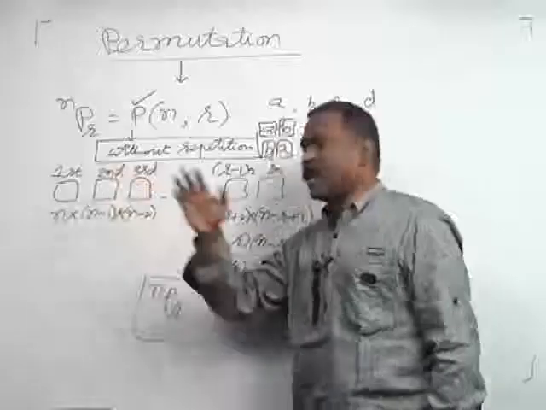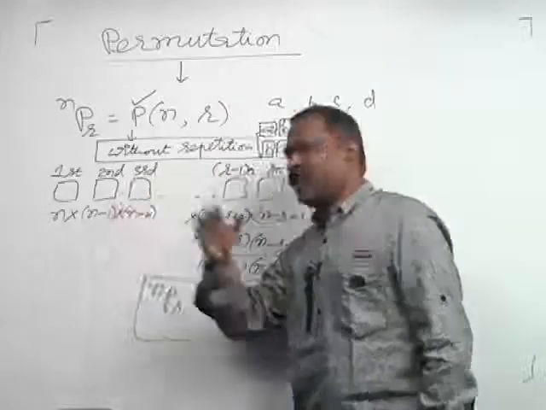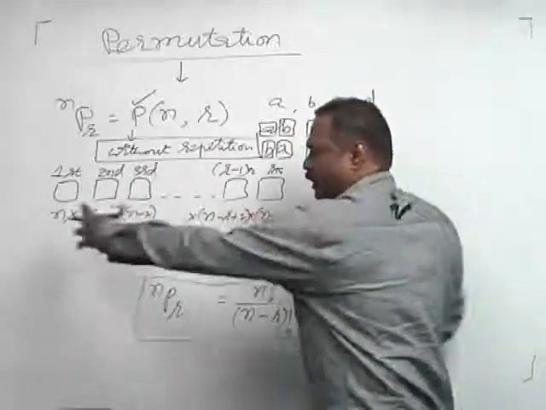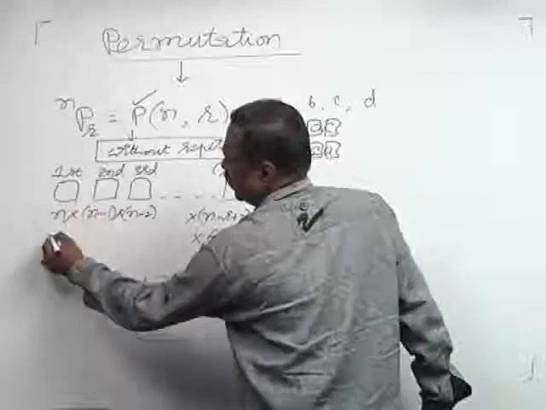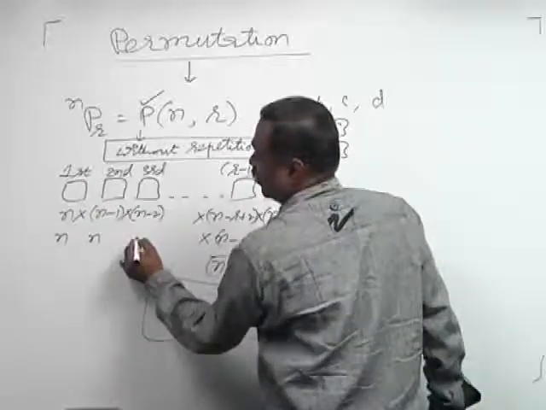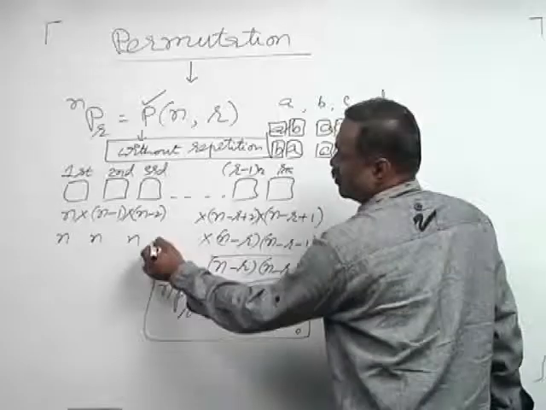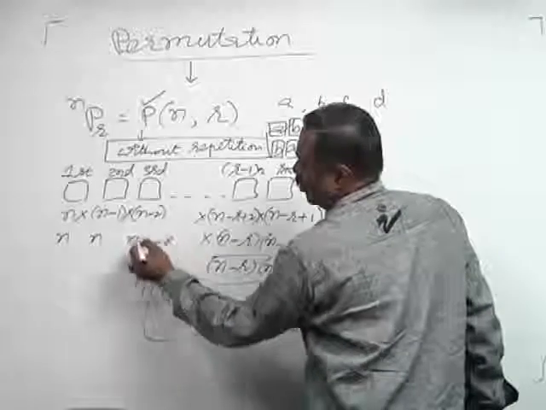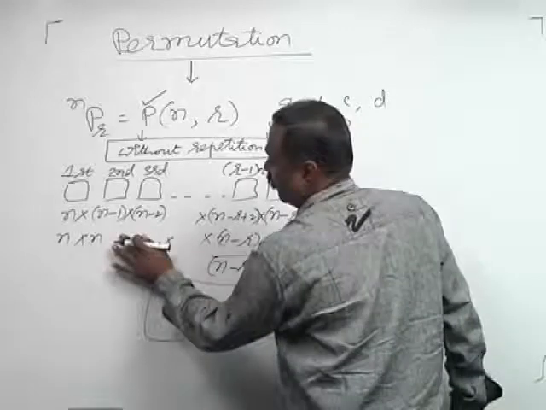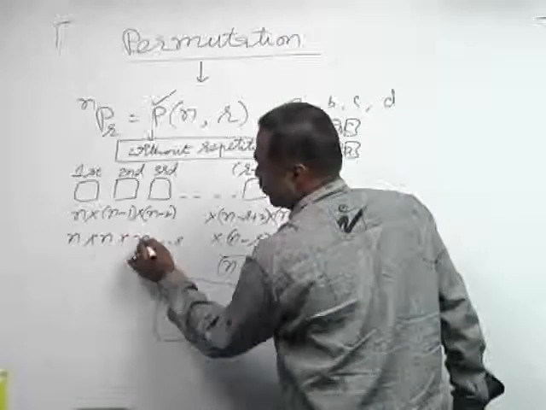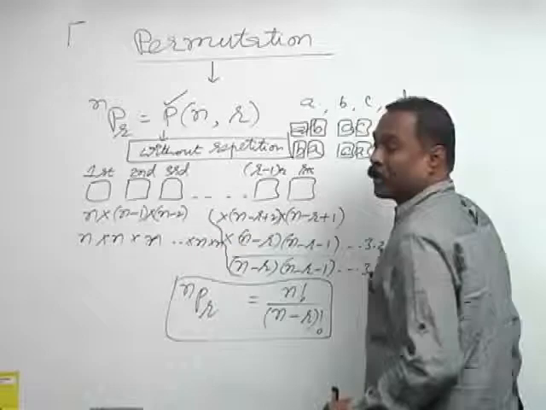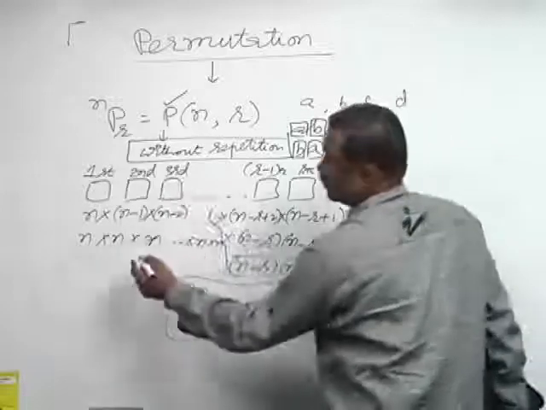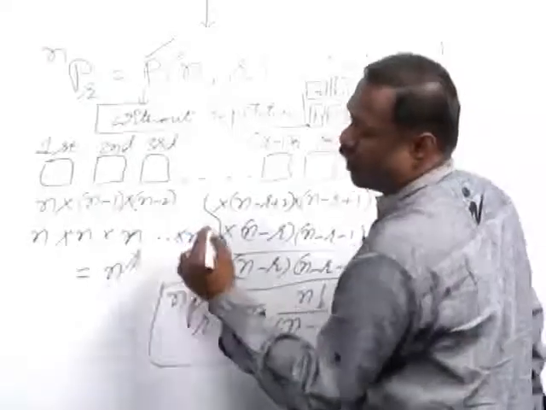The second also can be filled in N different ways. The third also can be filled in N different ways. All become N only. All the blank places can be filled in how many different ways? N into N, and so on, into N. How many N's are there? R N's. So it is nothing but N power R.